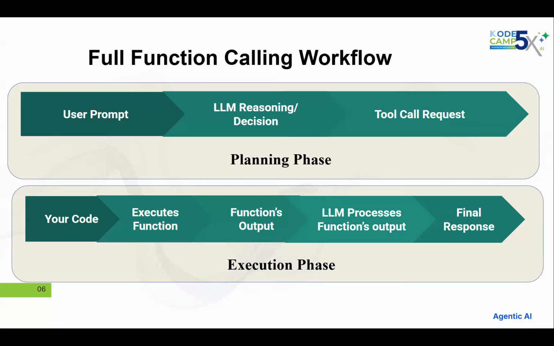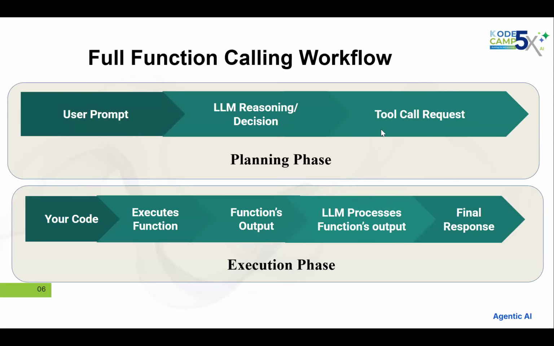But it's also possible that at this point of processing, the LLM may determine that it's necessary to make another tool call. So you would go ahead to make that other tool call. That means we go back in the cycle, back here, tool call request.